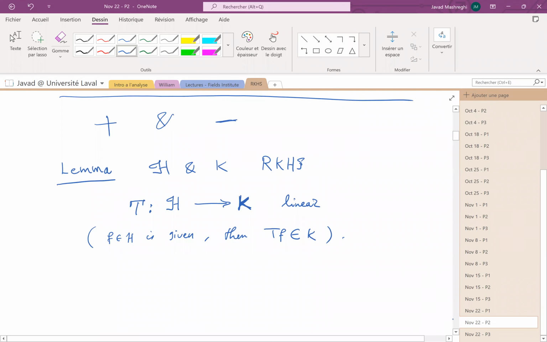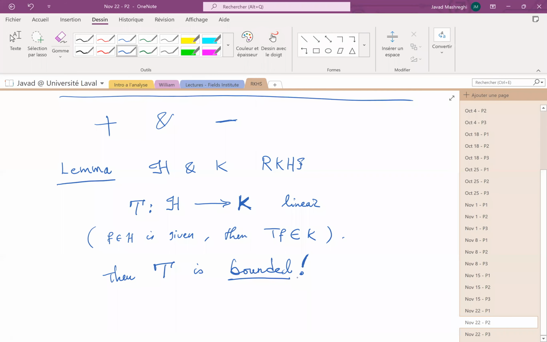What is amazing is that then T is automatically bounded. If you have a linear mapping which is just well defined, then boundedness is a gift.